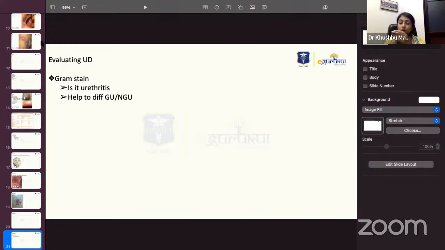Then third, if you do a gram stain, what do you see? You see just PMNs. You do not see any gram-negative diplococci, right? So only PMNs, no diplococci is mentioned. So in urethral discharge, you should be knowing how to differentiate between NGU and GU, and with these points, you can easily differentiate, right?